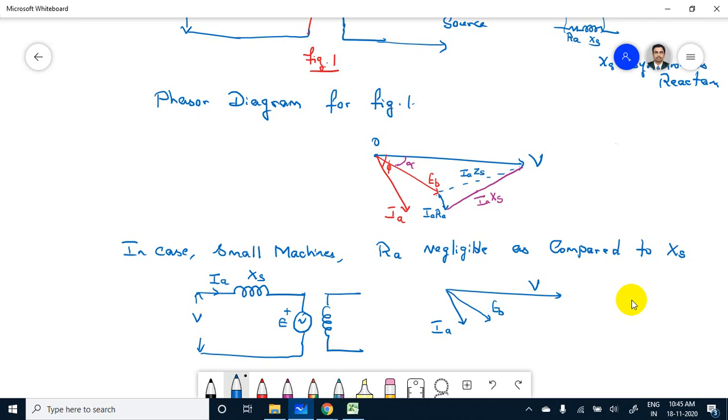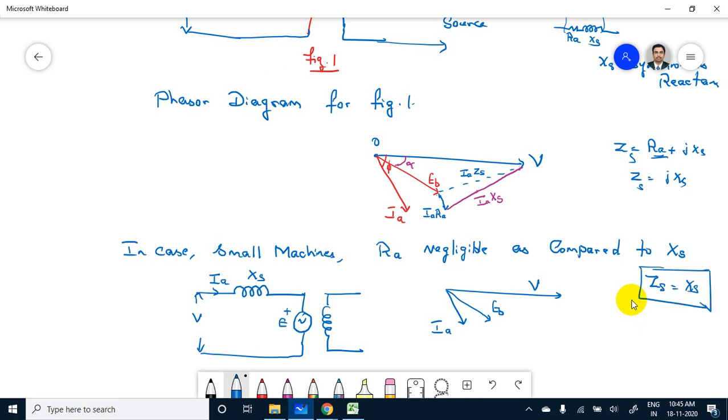We know the formula Z equals RA plus jXS. If RA is neglected, Z equals jXS, that is, impedance is equal to reactance. So ZS is equal to jXS.